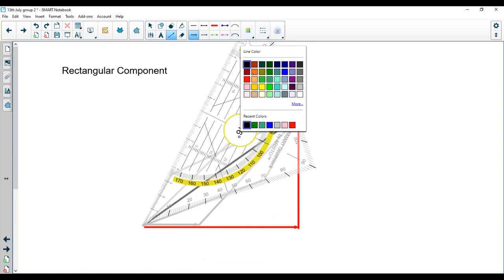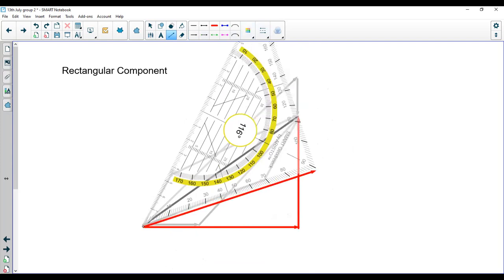These red ones are again at right angle to this resultant.